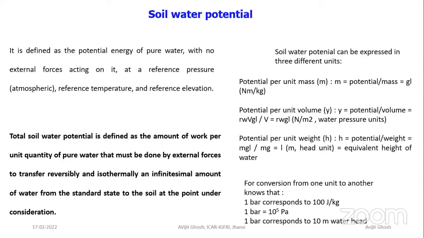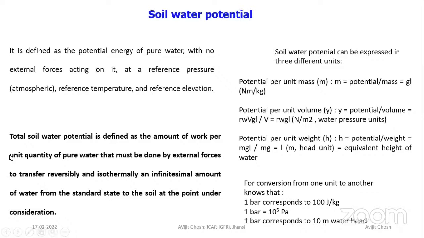Next, in defining the soil water potential, there is a formal definition given by USDA: total soil water potential is defined as the amount of work done per unit quantity of pure water that must be done by external forces to transfer reversibly, isothermally, an infinitesimal quantity of water from the standard state to the soil at the point under consideration. What does it mean?